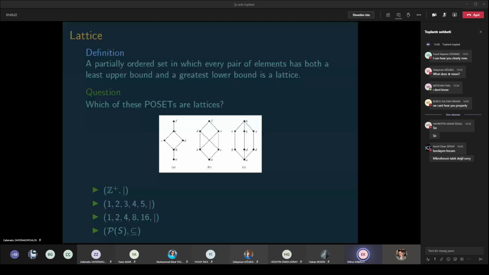It must have a pair of elements because of its infinite number. Well, but the question is if there is a least upper bound and a greatest lower bound for every pair. I don't understand. Okay, we will discuss it.